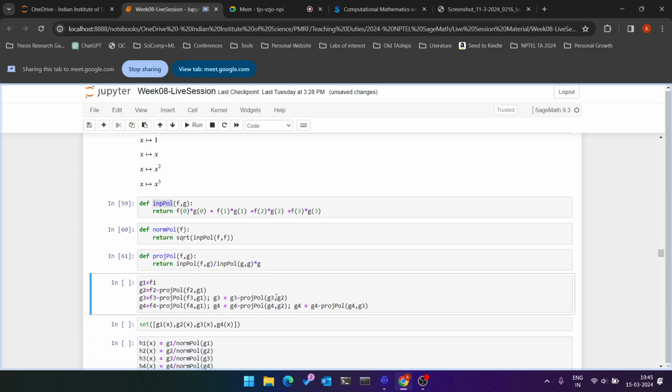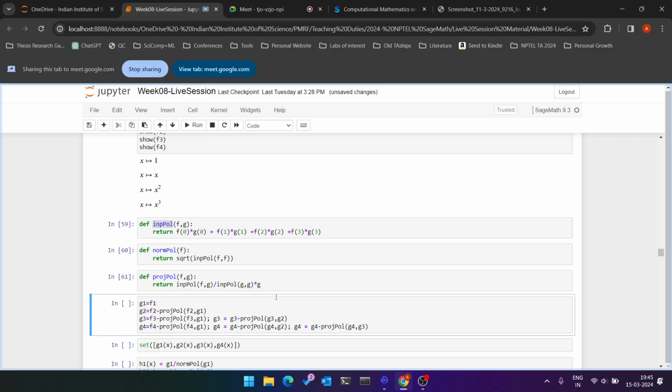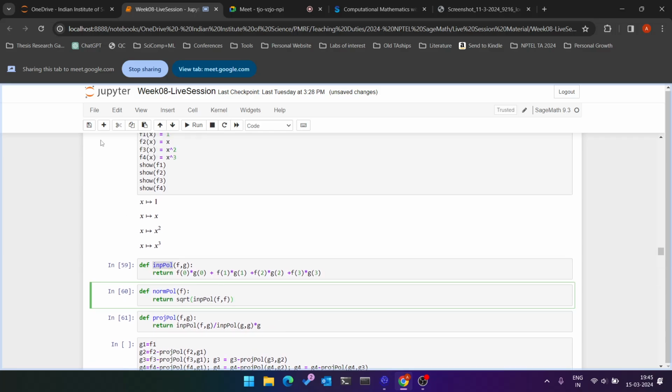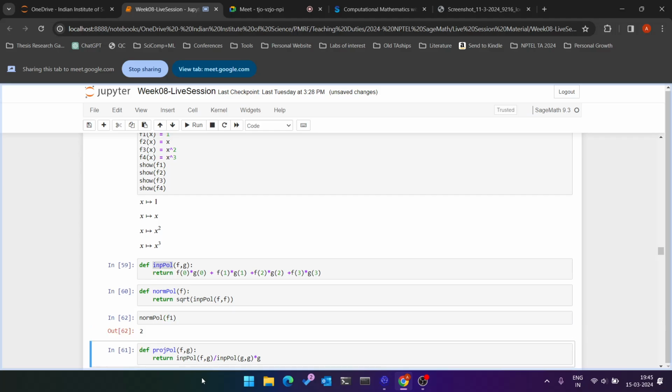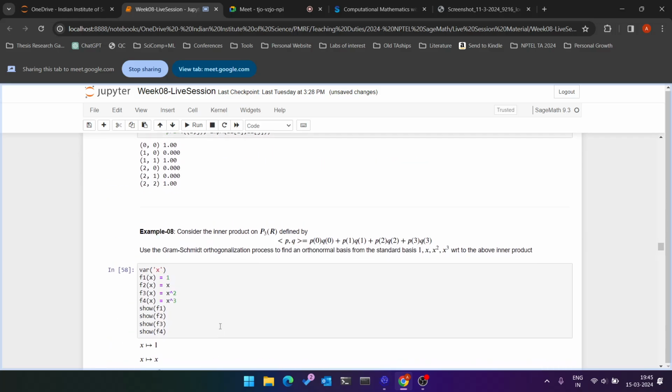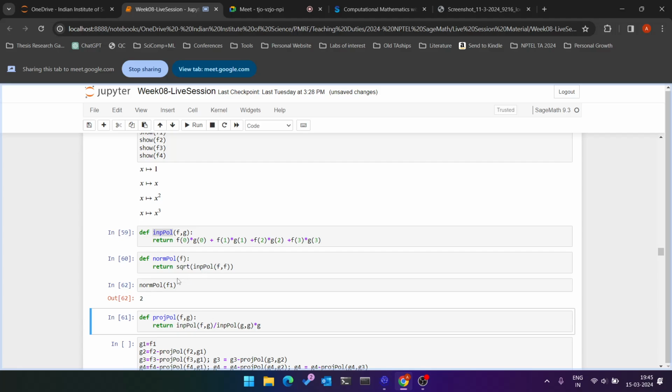Right. So just to check how this looks, I expect the norm of f1 to be equal to 2, the square root of 4.